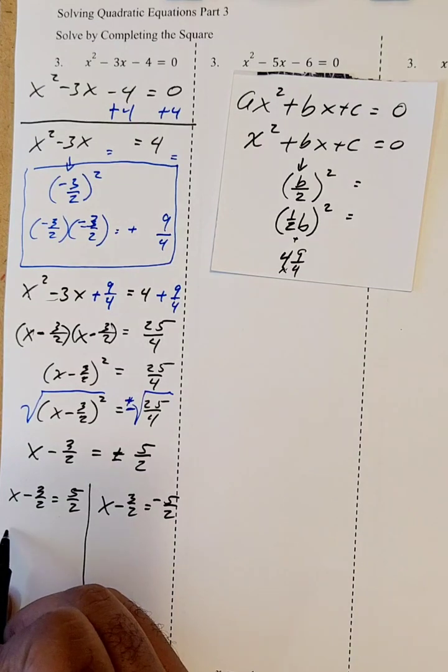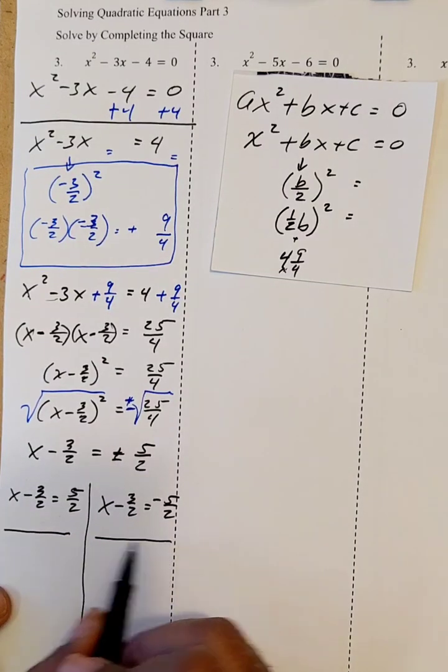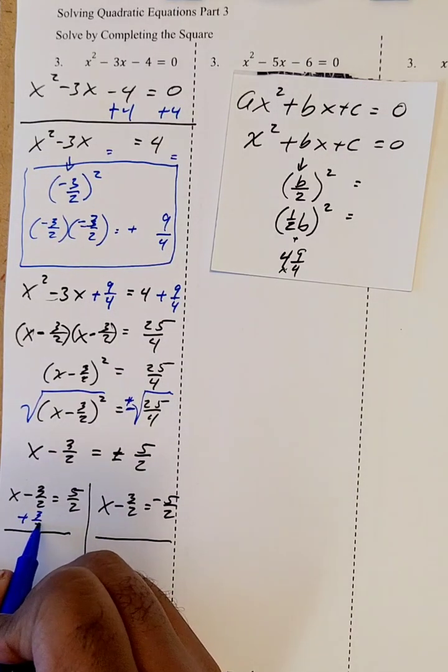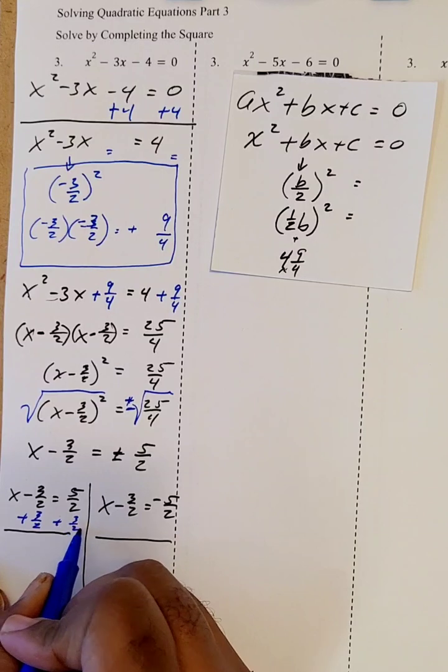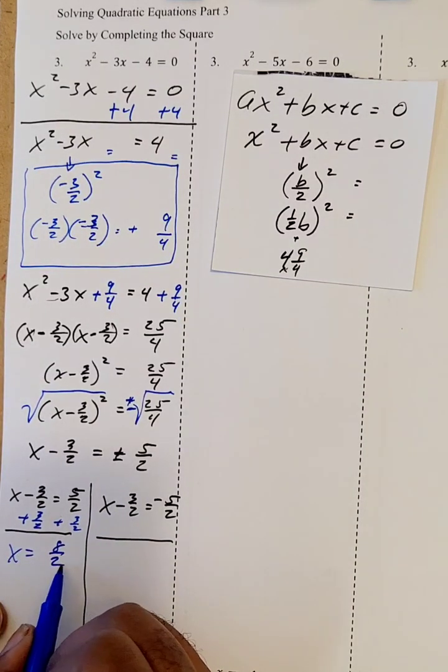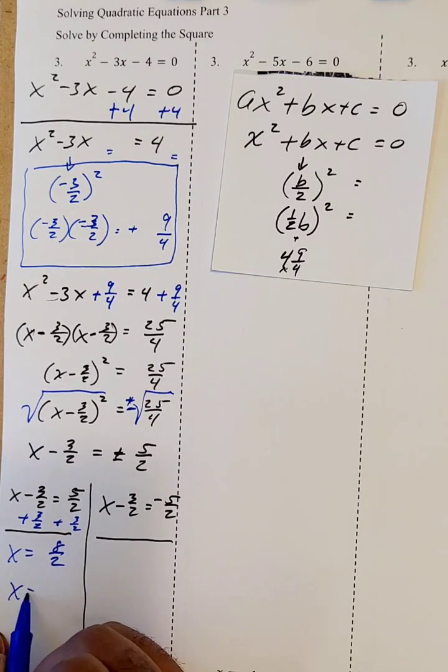Okay, now let's solve this by adding 3 over 2 to both sides. So plus 3 over 2, plus 3 over 2, and we'll get x equals 8 over 2, and 8 over 2 simplifies to a 4.